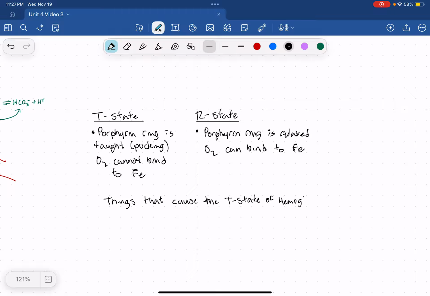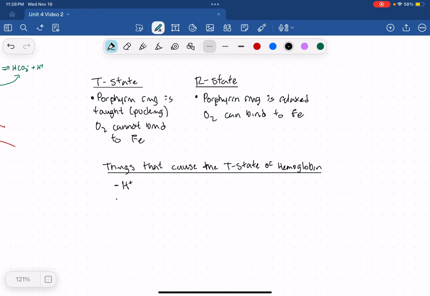Sorry, I can't spell that. Globin. There we go. The first thing that causes the T state is what we call high levels of hydrogen ions.